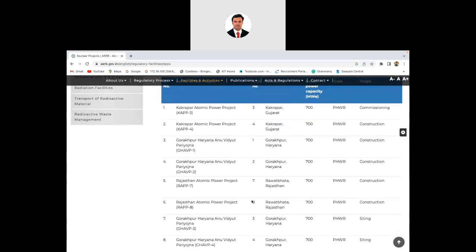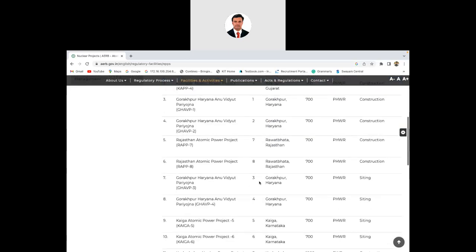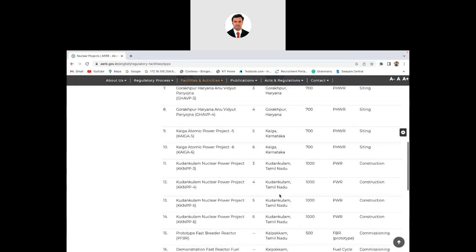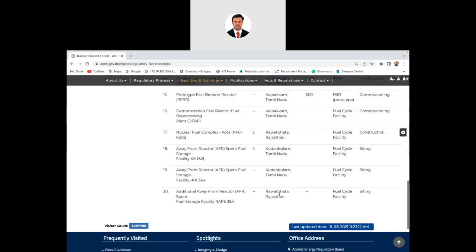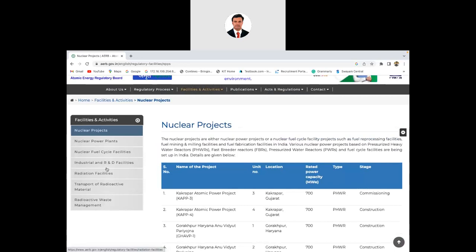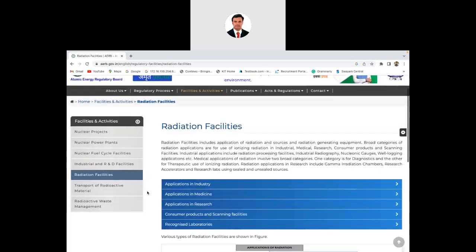There are also different nuclear power plants in Haryana, Gorakhpur, then in Rajasthan, and in Karnataka near Kaiga. And there is one site proposed by the Atomic Energy Commission in Maharashtra. So these are the different nuclear power plants.